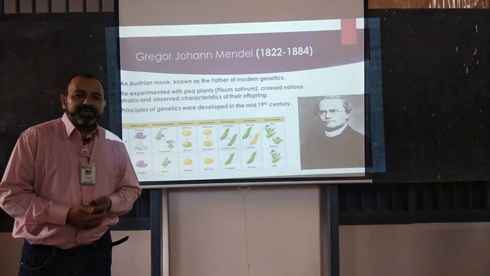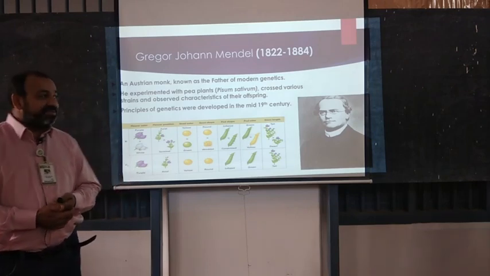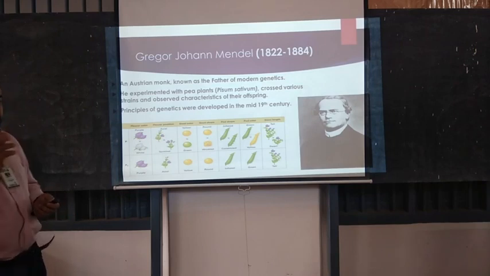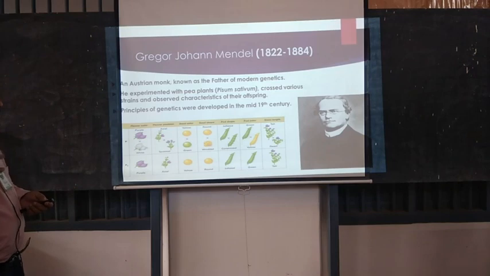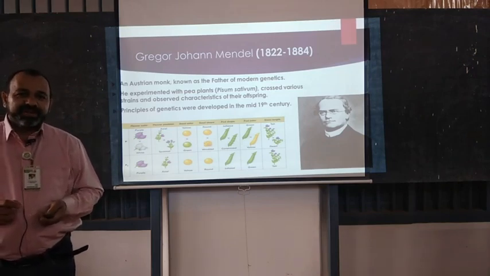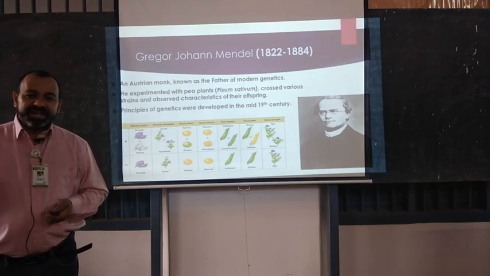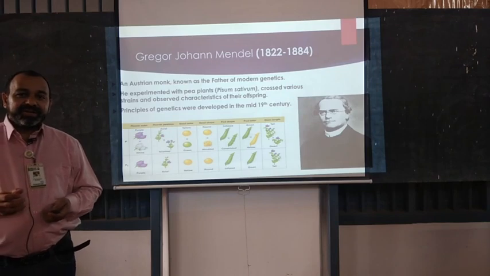Johann Mendel, born in the year 1822, died in the year 1884, experimented with the garden pea plant, and he took 7 contrasting pairs of characters like flower color, shape of the core, color of the core, position of flower.